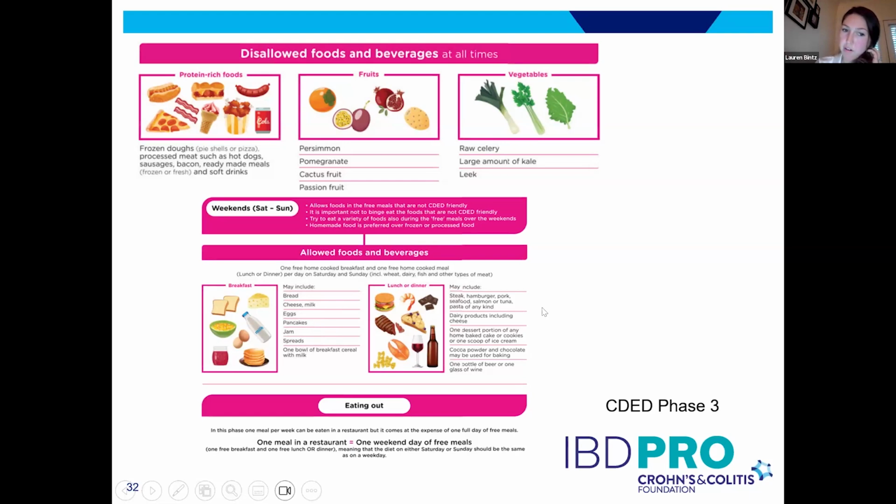Or if you want to eat out, you can choose to substitute your 2 weekend days for 1 meal out at a restaurant. And then for the rest of the week, you would go back to following the phase 3 diet.